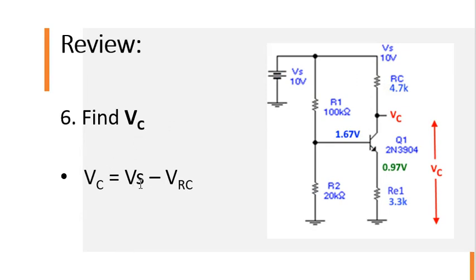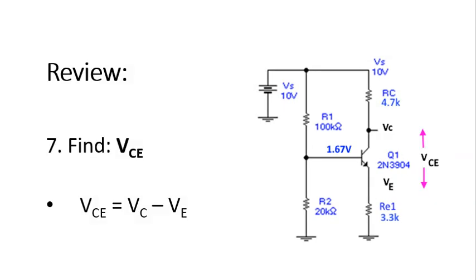It's just our supply voltage minus that voltage. So we have 10 volts here. Whatever voltage this is, subtract that. That becomes our collector voltage. Last one, we find our collector emitter voltage. We know our collector voltage, we had just figured it out. We know our emitter voltage from before. The difference between the two, which is collector minus emitter voltage, gives us our collector emitter voltage.